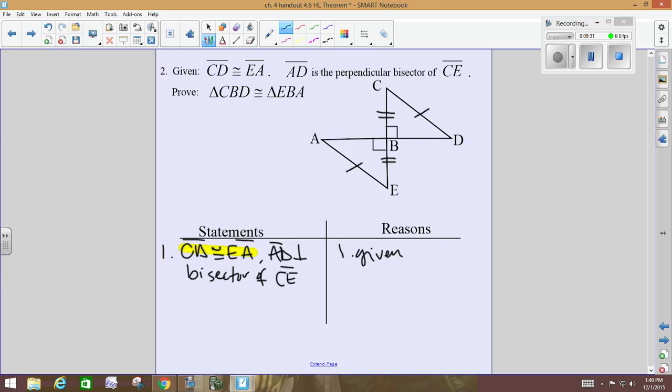Okay. CB is congruent to BE. And how did we know those 2 segments were congruent? Definition of a bisector. There are your legs. So we got the H and the L part of the HL theorem. Now we have to decide or state in there that they're right triangles. How did we know that the triangles were right triangles? How did we know they were right angles?